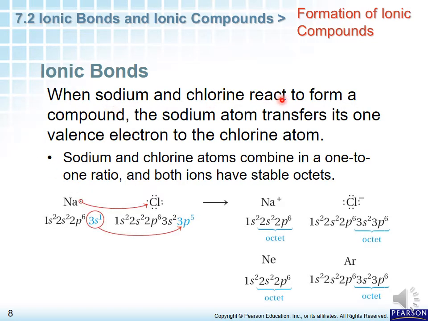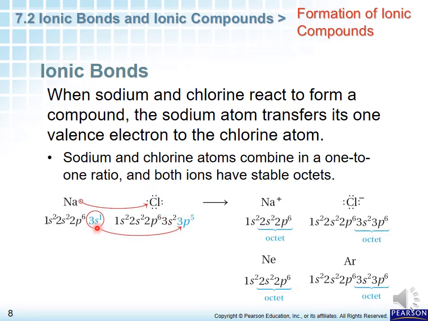When sodium and chlorine react to form a compound, the sodium atom transfers its one valence electron to the chlorine atom. Sodium and chlorine atoms combine in a 1-to-1 ratio and both ions have a stable octet. You can see here that sodium has 11 electrons, in the outermost shell only 1 electron, and chlorine has 17 electrons and in the outermost shell 7 electrons.